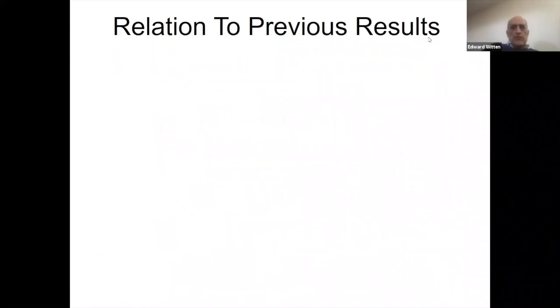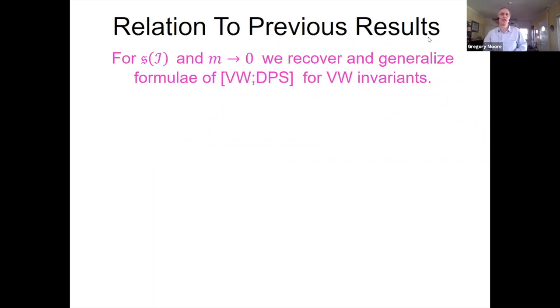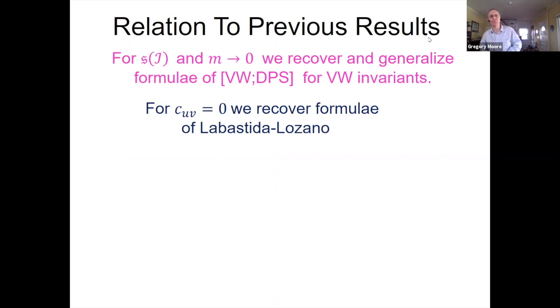Okay, so let me say real quick something about relation to other people's work. For the canonical spin C structure determined by an almost complex structure and the mass goes to 0, we recover and generalize formulae from the Vafa-Witten paper and also from a nice paper of Dijkgraaf, Park, and Schroers for the Vafa-Witten invariants.